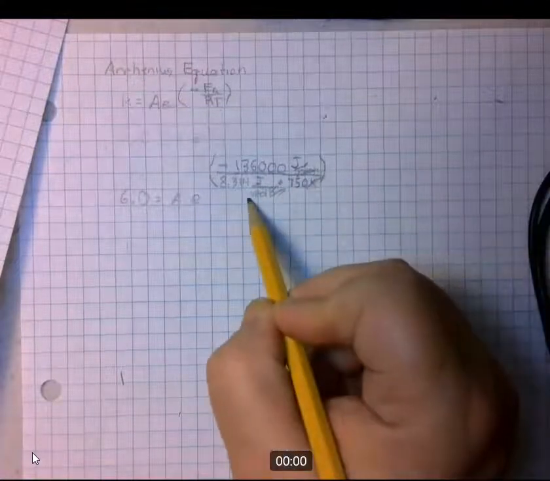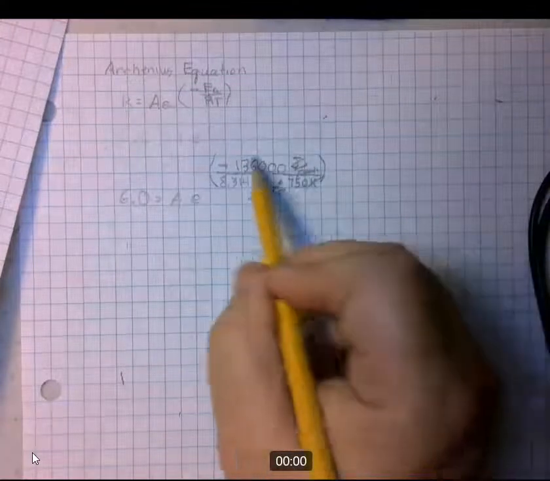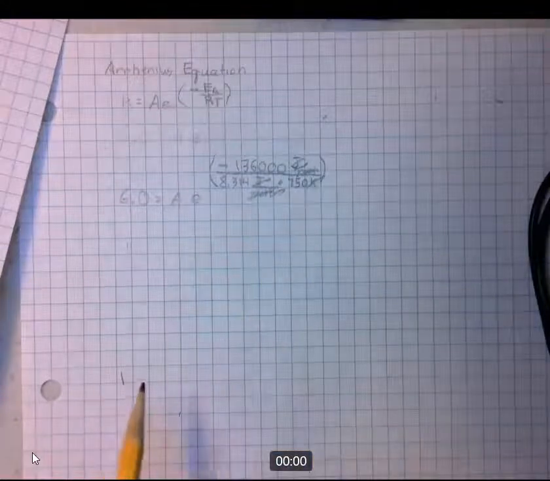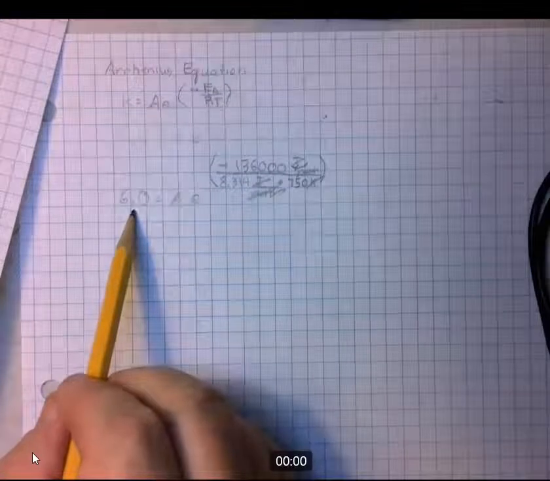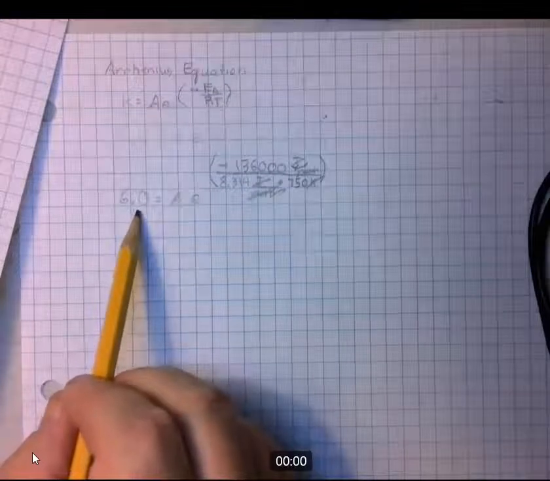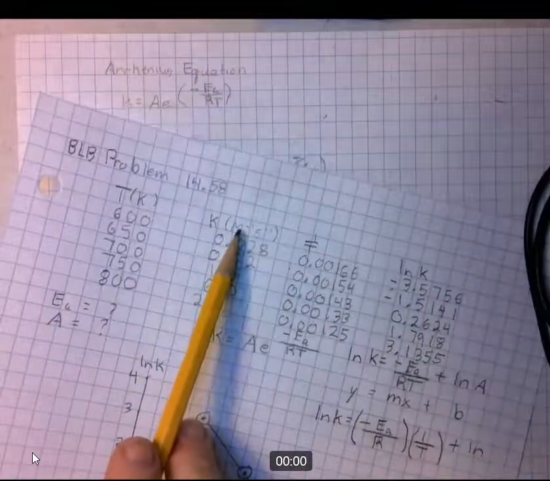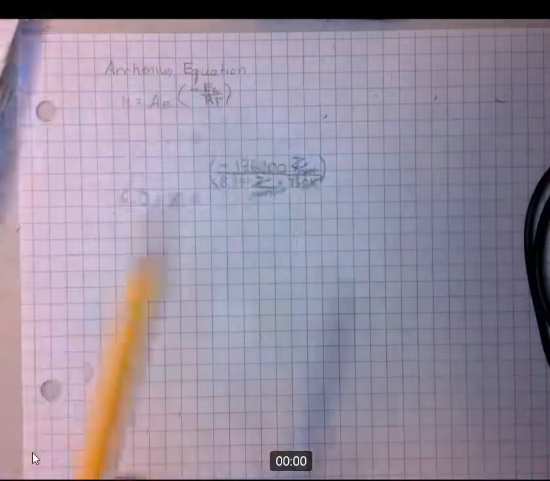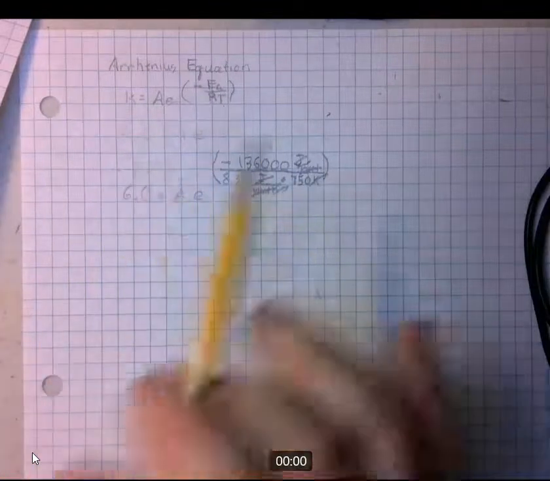Moles up here cancels with moles down here, and joules here cancels with joules there, so we have no more dimensions left there. And the rate constant, for this second order equation, we get that from the table. It's going to be 1 over molar, 1 over seconds. Let's not worry about that too much. Let's just compute the numbers though, and we'll get to the units at the end.